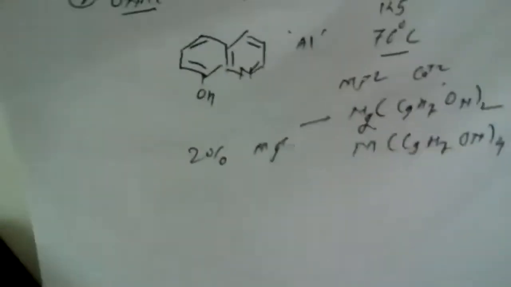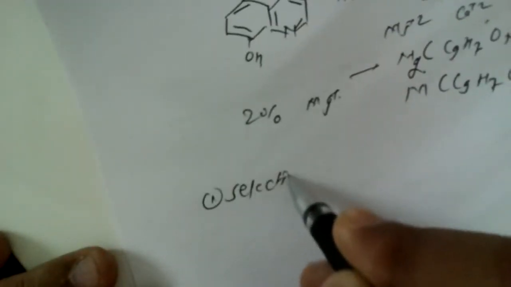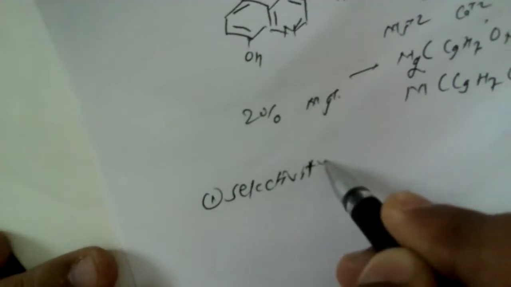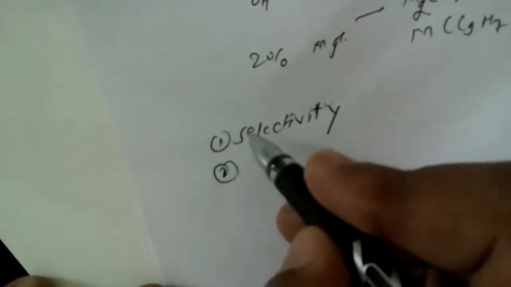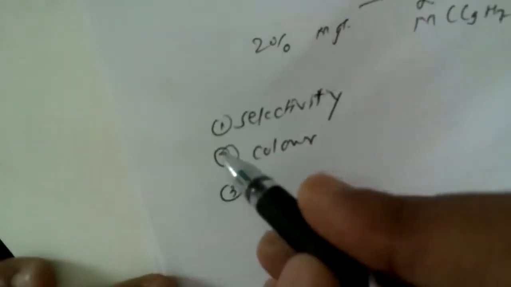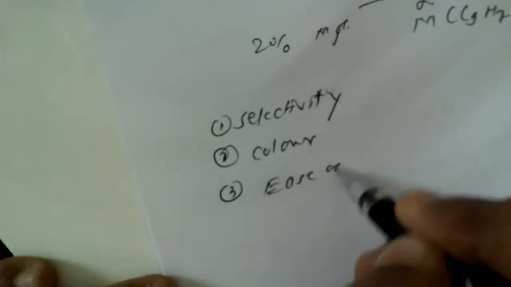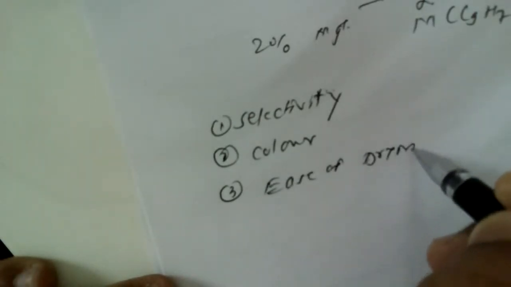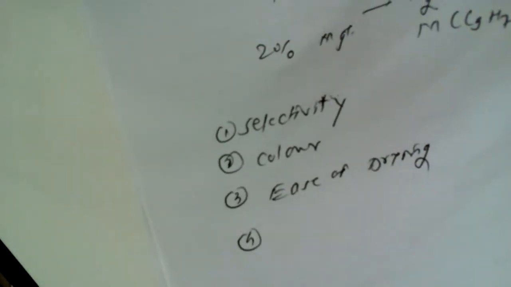Now, what are the advantages of these organic reagents? The first advantage is that these organic reagents have a very wide range of selectivity. Second is the color, which is also very important, that is produced with specific metal ions. Third is ease of drying. That means we can dry whatever product is obtained very easily.